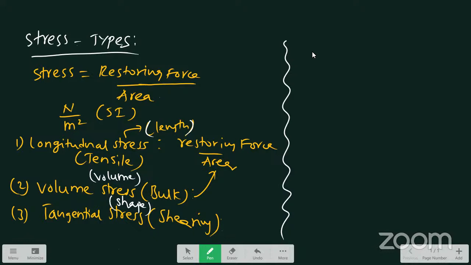Next one is strain. Strain types. First one is stress with types. Next one is strain with types. What is the meaning of strain?